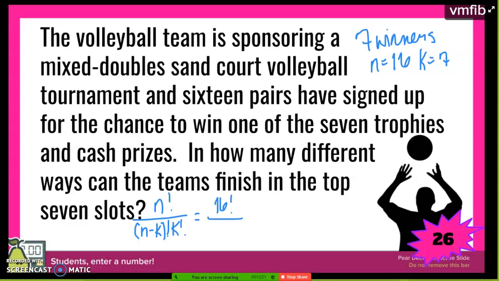16 factorial divided by 9 factorial, k is 7, 7 factorial.